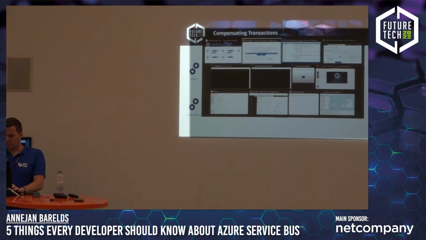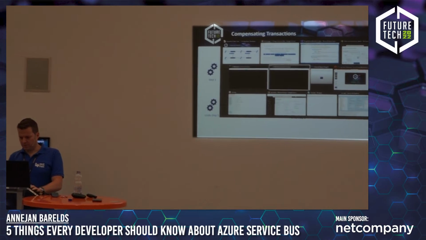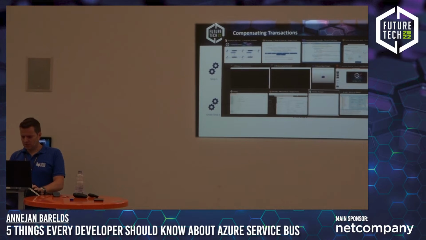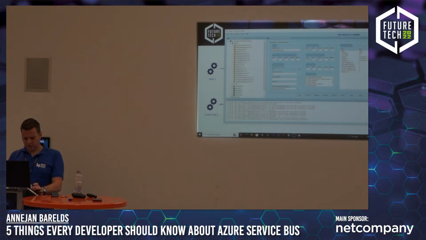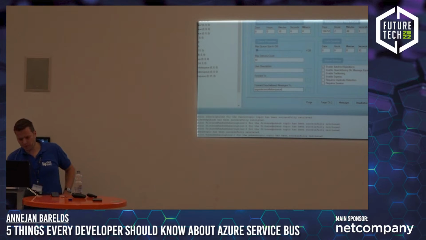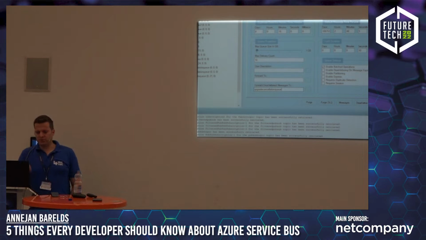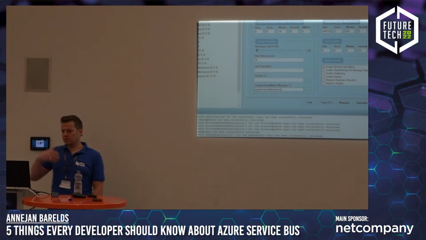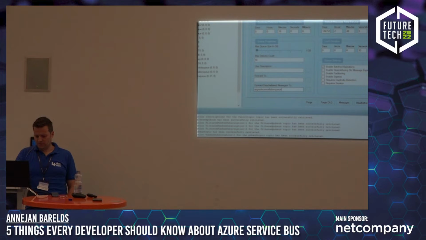I cannot show you that in the portal because it's not in the portal. But I can show you, for example, right here in Service Bus Explorer, you can actually configure the dead lettered queue to forward messages to some other entity.